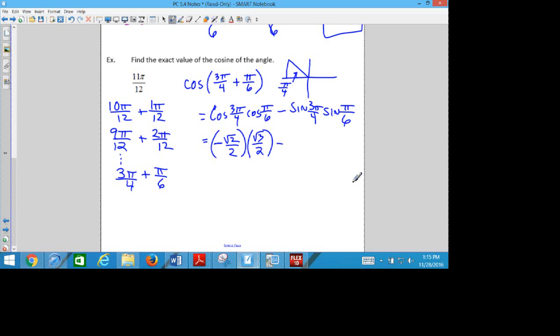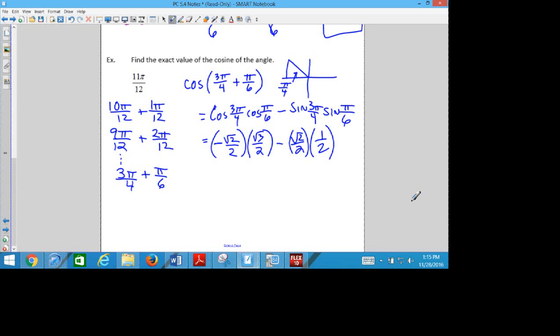Minus sine at 3 pi over 4 is a half. Sine at pi over, just kidding, it's not a half. I wrote the wrong one. Square root of 2 over 2, and then a half. And then what do we do next? Multiply?